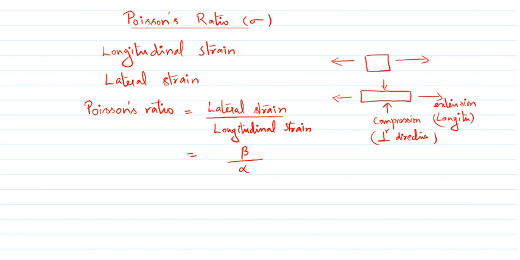So this is the expression for Poisson's ratio: sigma equal to beta by alpha.